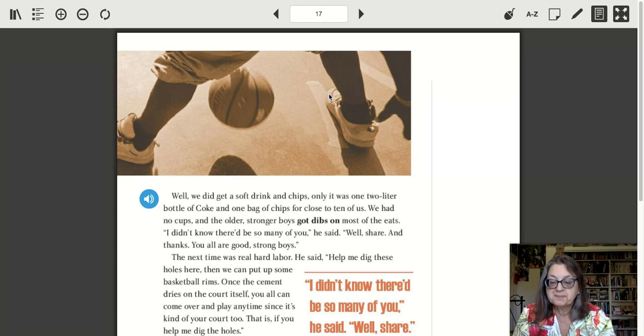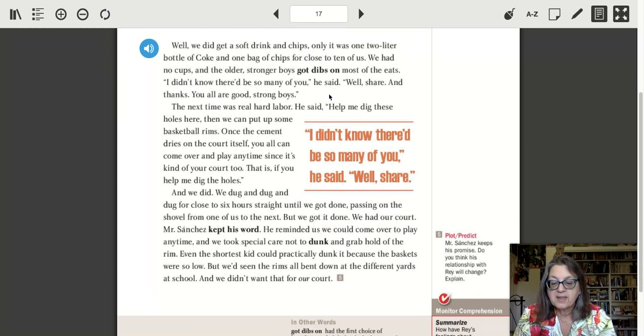And we did. We dug and dug and dug for 6 hours straight until we got done, passing on the shovel from one of us to the next. But we got it done.